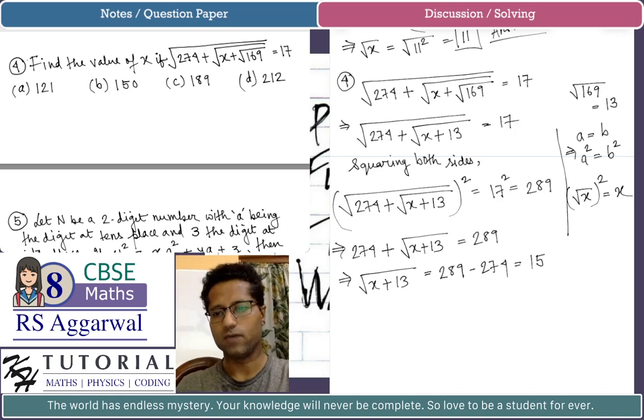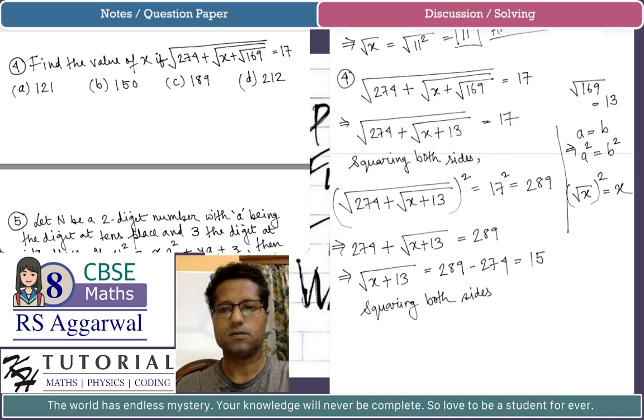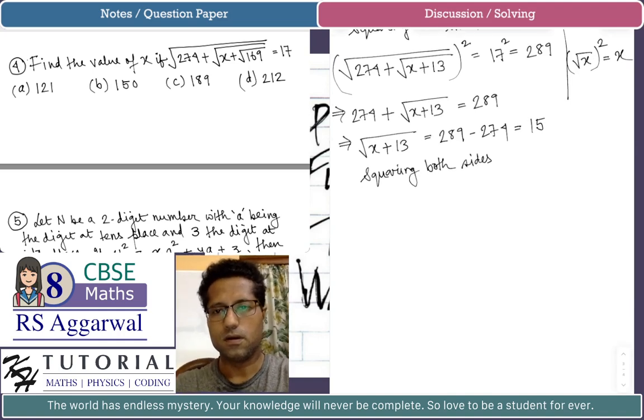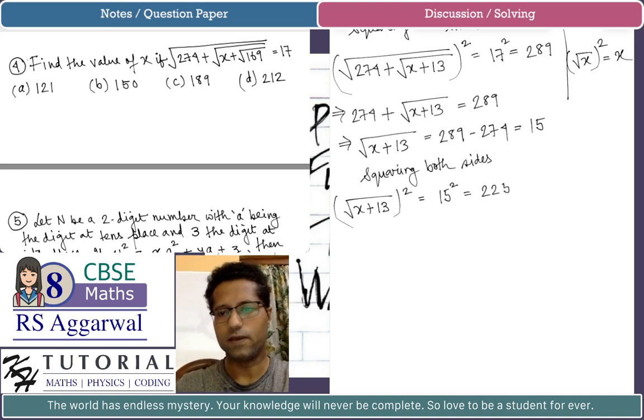Now I will take square again on both sides. Squaring both sides, we get square root of x plus 13 and whole square, its square is equal to 15 square, which is equal to 225.